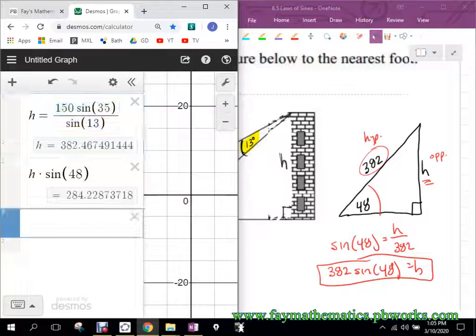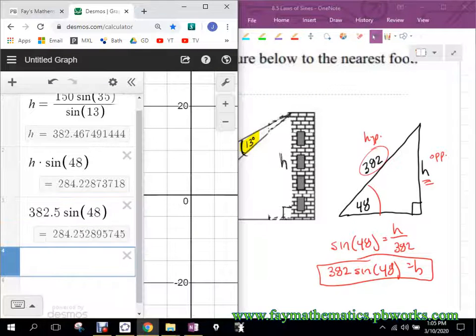Here's my question. So that we know that's exact, at least to that 8, right? Let's just see how bad our answer would have been if we just used the 382.5. 382.5 times sine of 48. We get that number.